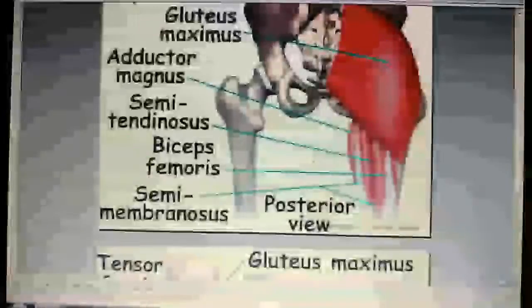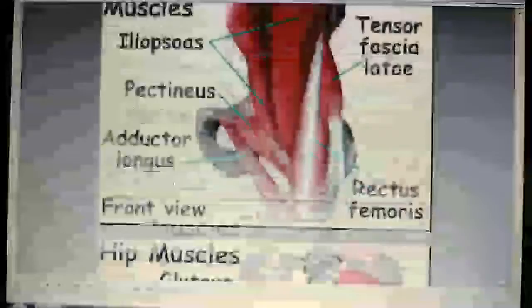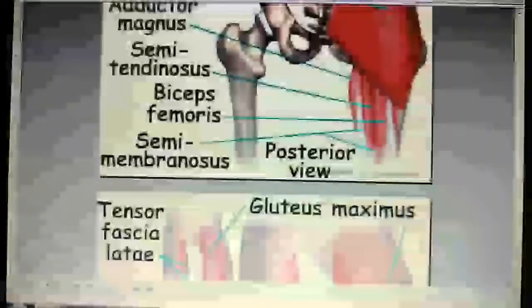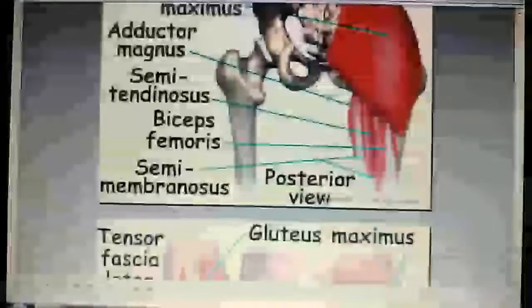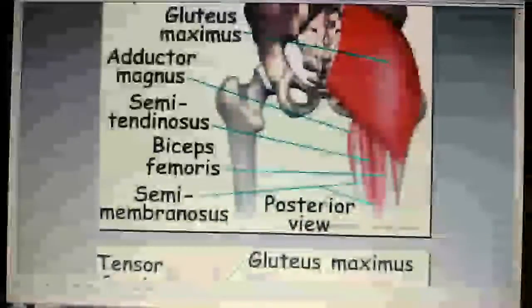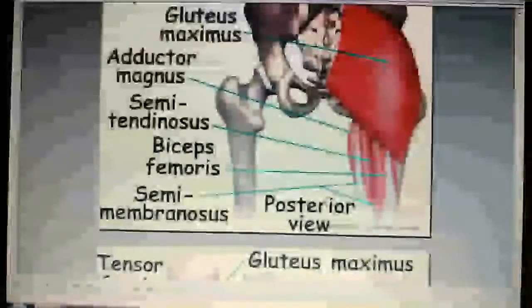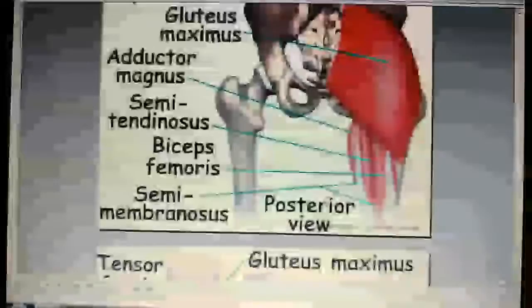Deep rotator muscles origin: posterior sacrum, insertion: greater trochanter, nerve supply, and action: hip lateral rotations.